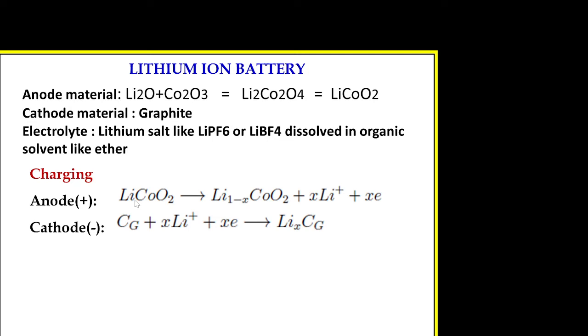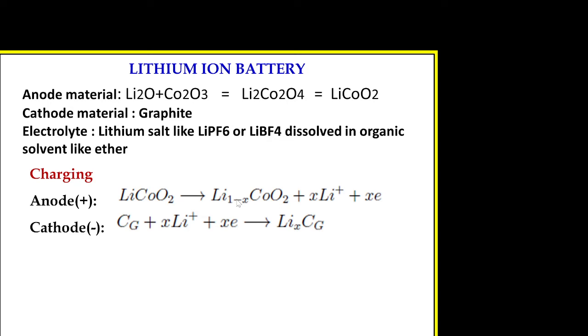In lithium cobalt oxide, from some lattice points, lithium atoms are removed. Not all lithium atoms are removed. Only 90% of lithium atoms from this lattice are removed during charging. So 90% means 0.9, so it becomes Li1-x, where x is usually 0.9.